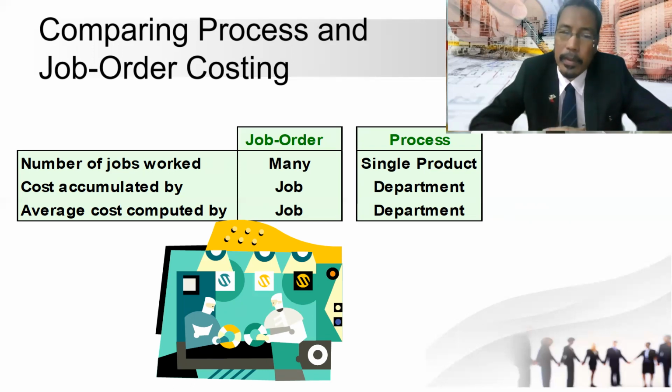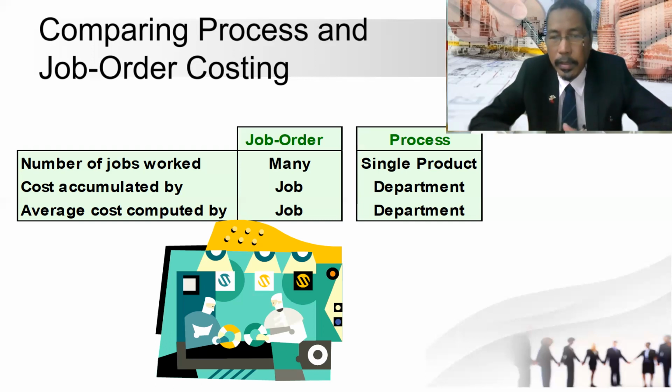Okay, for example, doing the Emirates airplane. That is a job. Oh, it is different per job. Average cost computed is attributed to job.